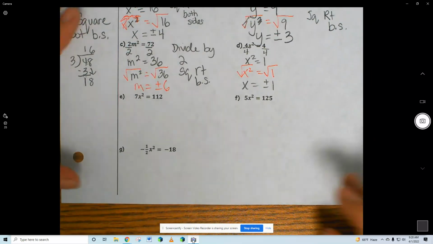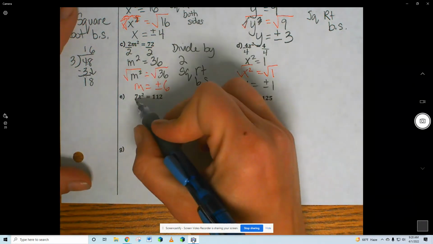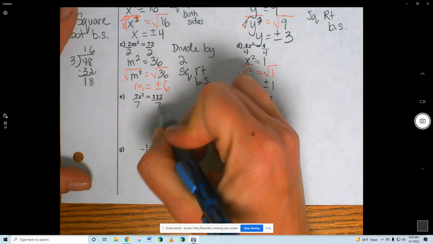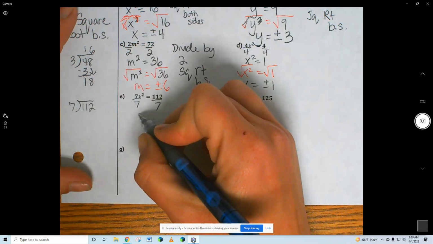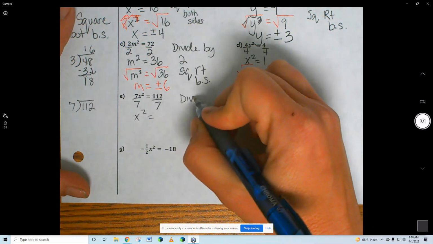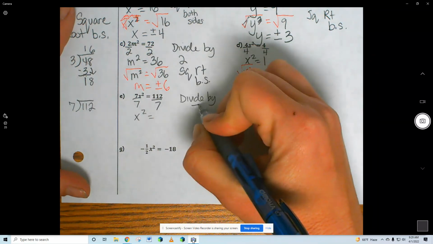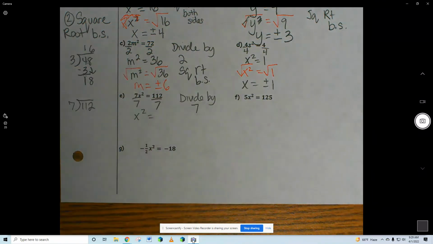E. Ugh. 7 into 112. Better divide 7 on the side of your paper. Goes in 16 times. Well, that's nice. Lucky us.